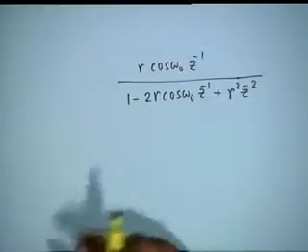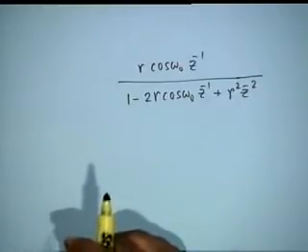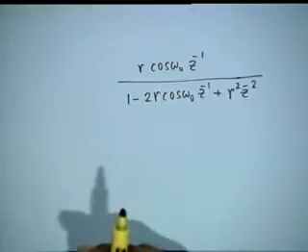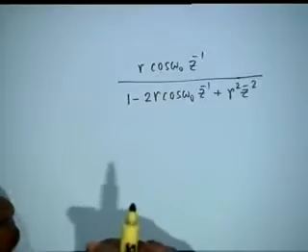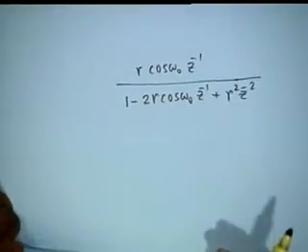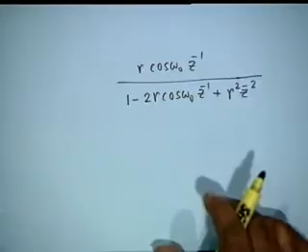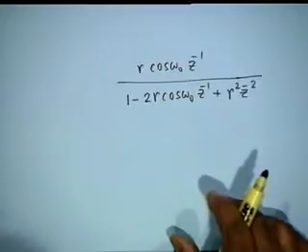You should be able to write without consulting the table. Okay? Just like your name and your father's name, you have to remember this. You don't have to turn the pages of the book to find this out. If it is cosine, then what is the modification needed? 1 minus r cosine omega 0 z inverse.